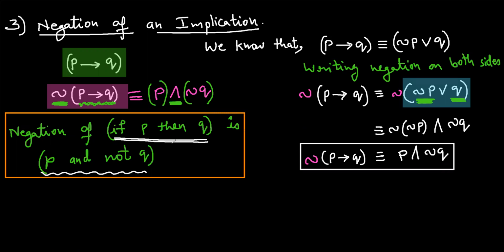So here I write a warning. What is the warning, students? The warning is when you are writing negation of if P then Q, never start with if. It is simply P and not Q. Negation of if P then Q is P and not Q.